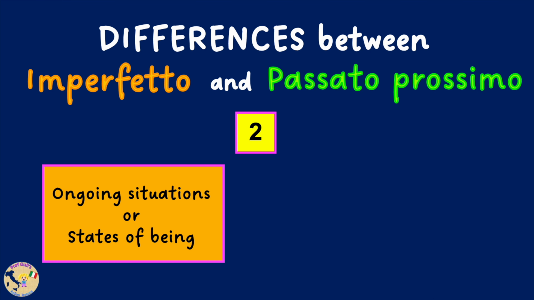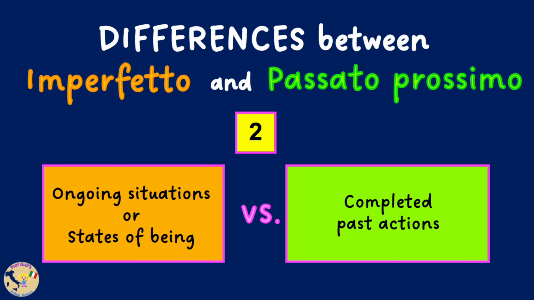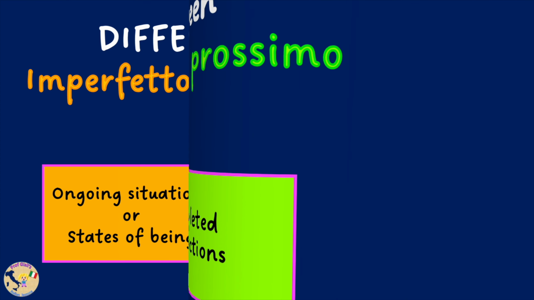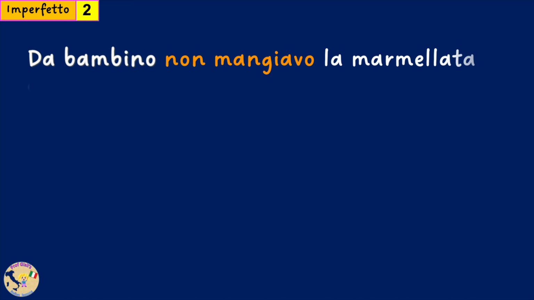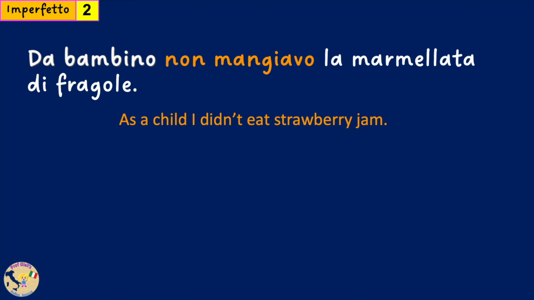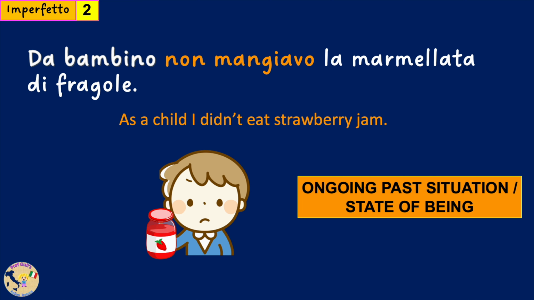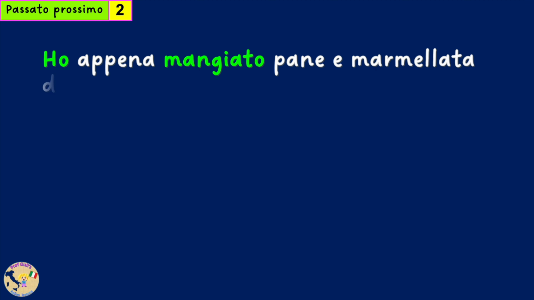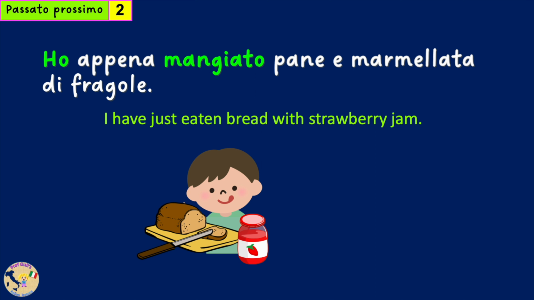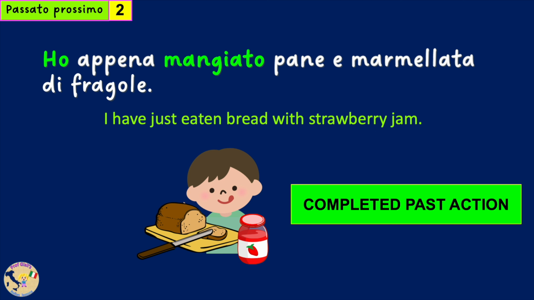Ongoing past situations or states of being versus completed past actions. Imperfetto. Da bambino non mangiavo la marmellata di fragole. Passato prossimo. Ho appena mangiato pane e marmellata di fragole. Imperfetto.